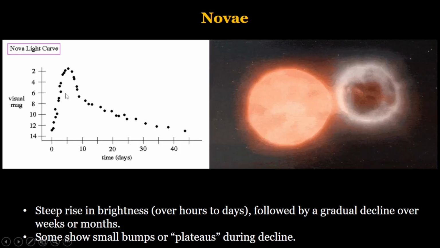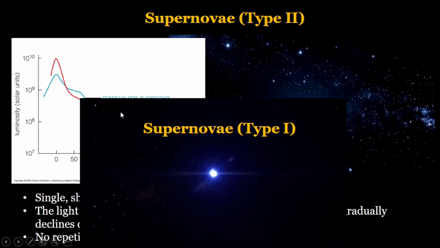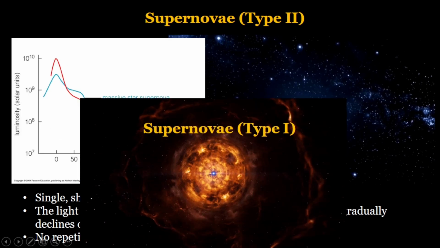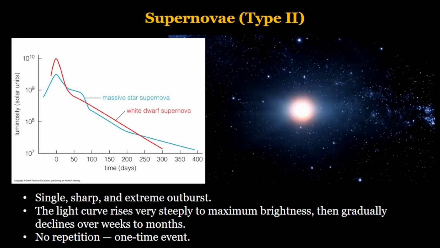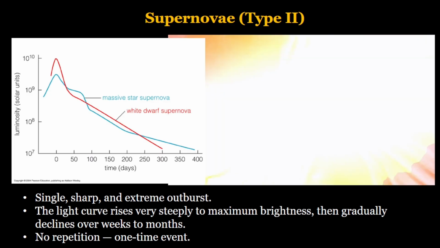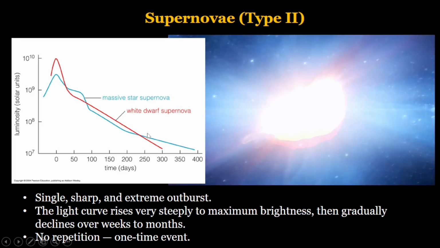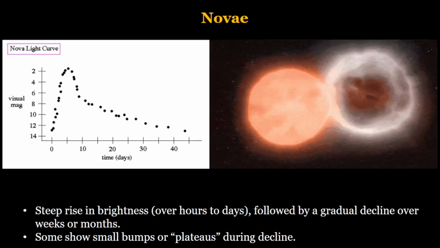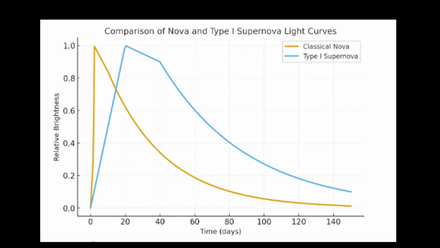Now, if you observe this nova light curve and that of the supernovae type 1 light curve, look at the red light curve. They almost look the same. So I have created this plot to show you they are different.